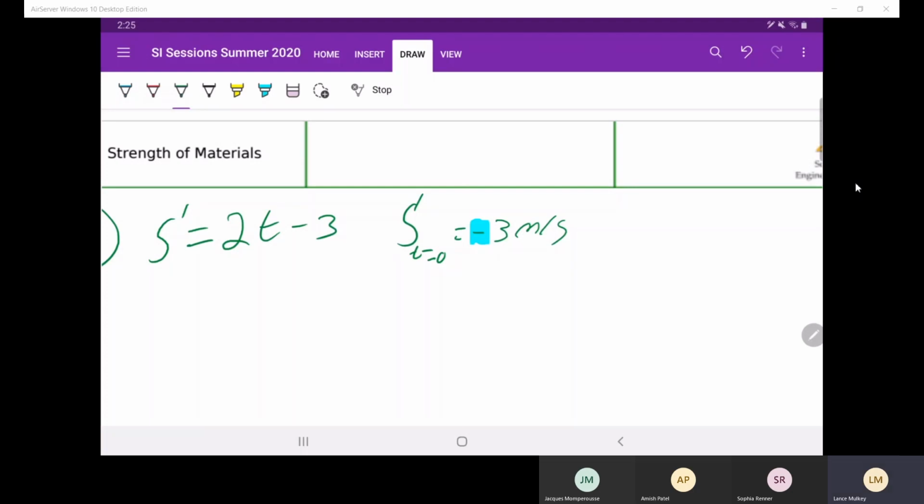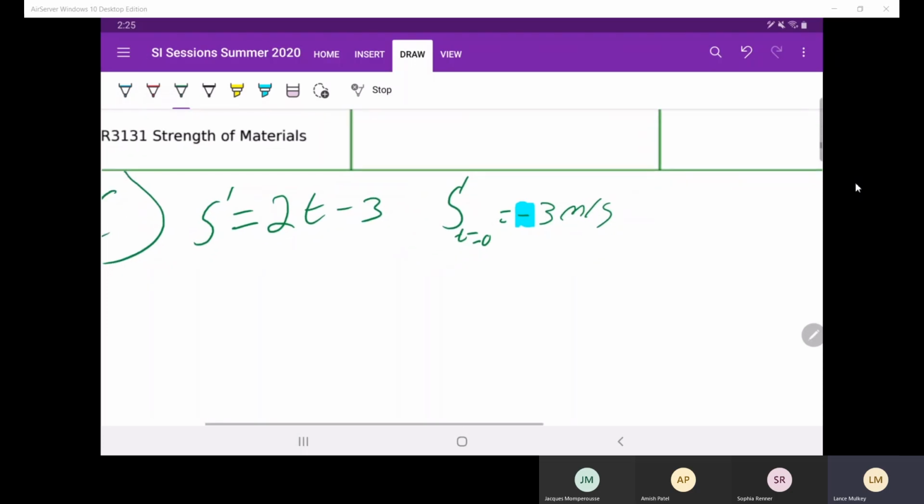Okay, so there's a number in between negative and positive that is neither negative or positive. And for that brief second, it's not moving. What number do we set this equal to, to solve for t when it's changing direction?